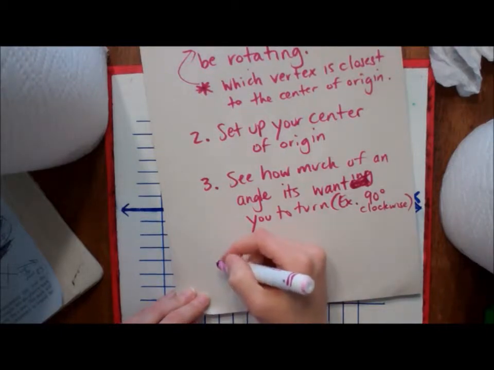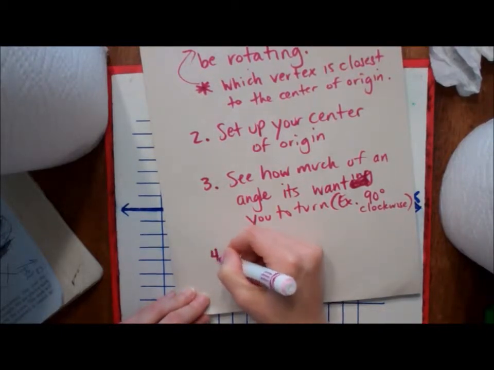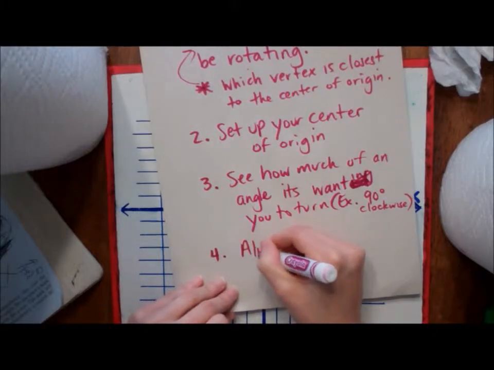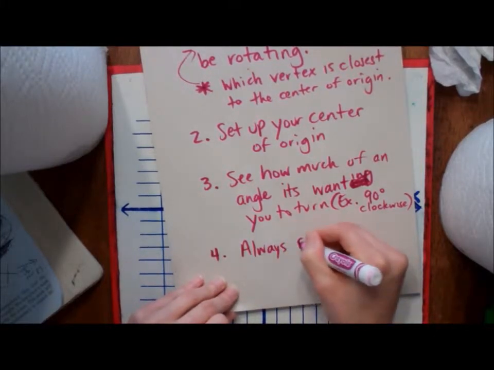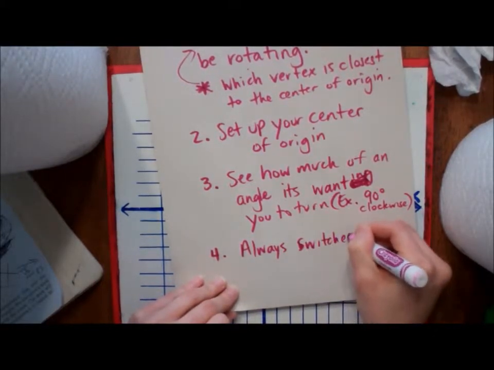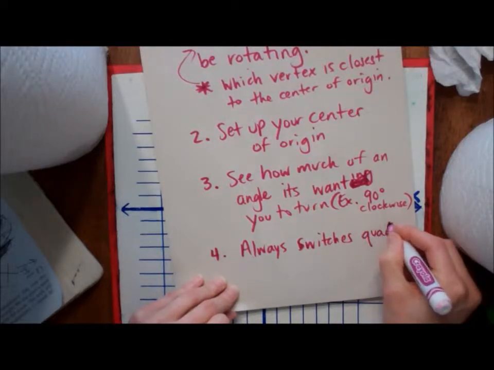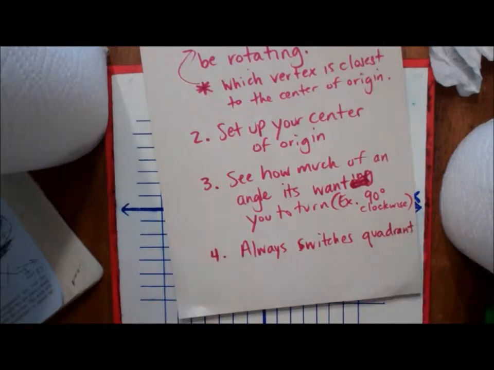Okay? And then lastly, you need to remember that it always switches quadrants. Just like the one we were doing earlier for reflections, it always switched over to the different quadrants. Same thing with rotations. They always switch quadrant.